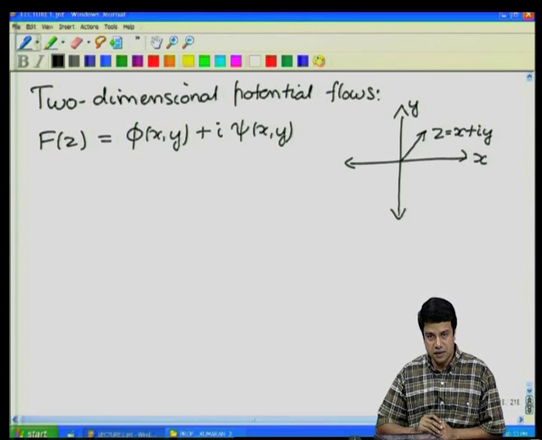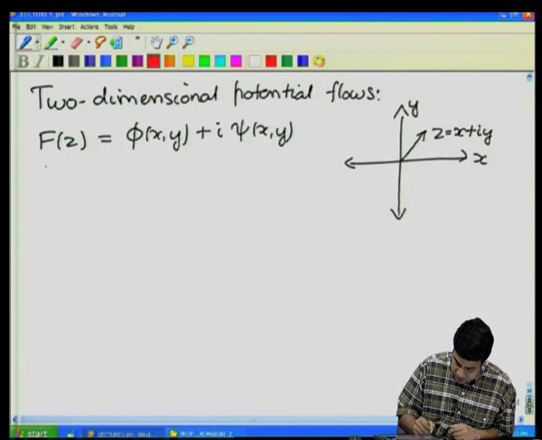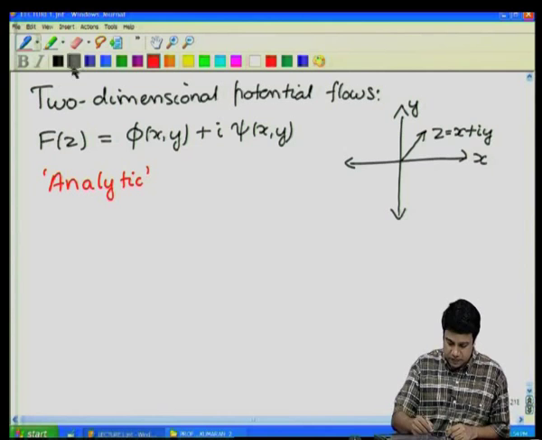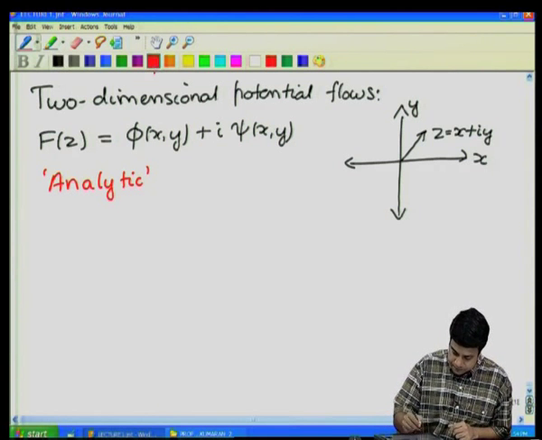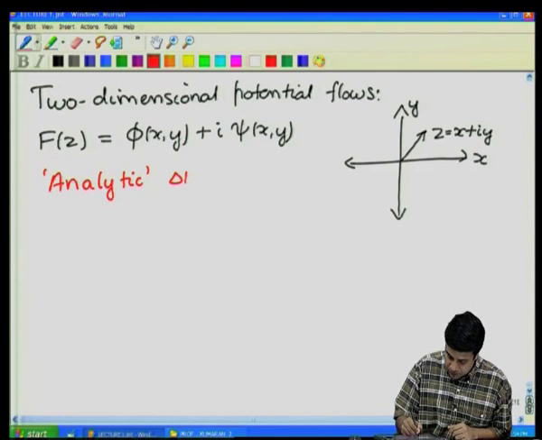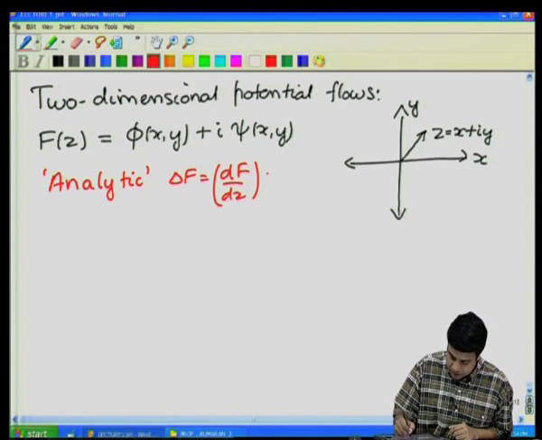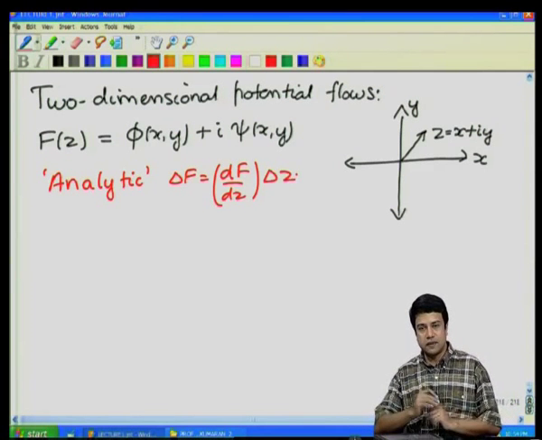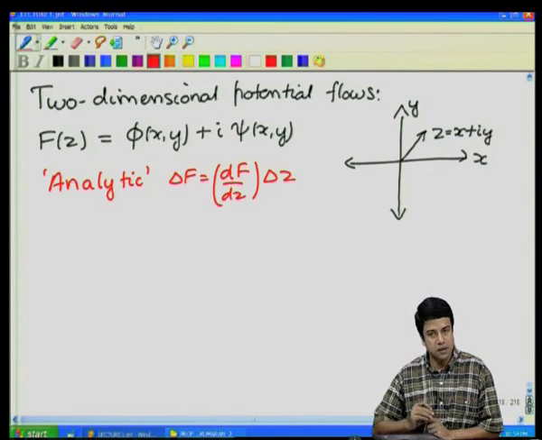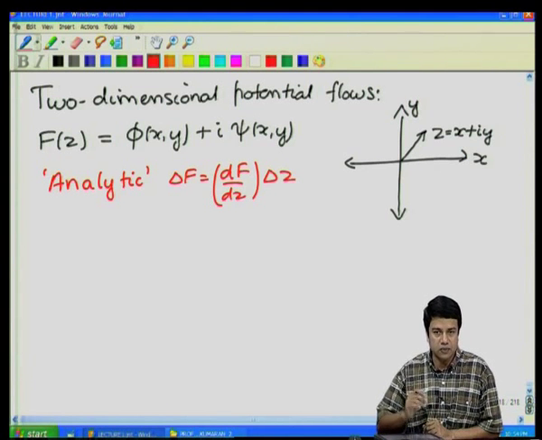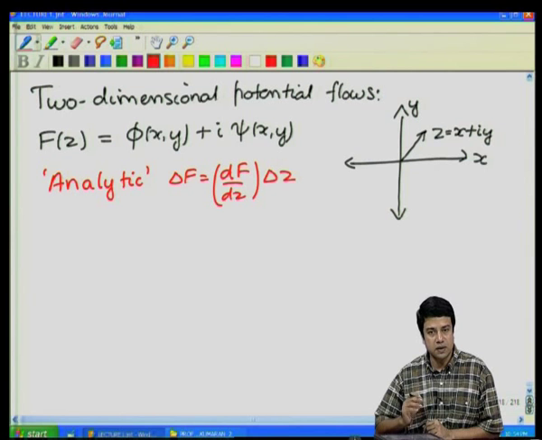If this function is analytic, that is, the change in f when you go a small distance delta z can be written as df by dz times delta z. That is, at a given location z, if you move a small distance delta z to a new location, the change in f between the new location and the original location is equal to the derivative times delta z.